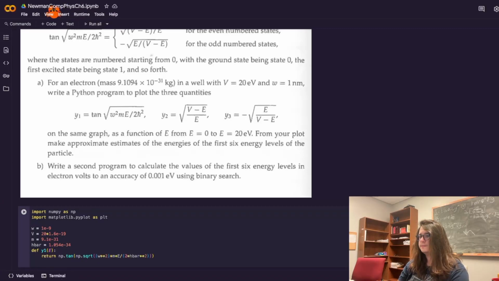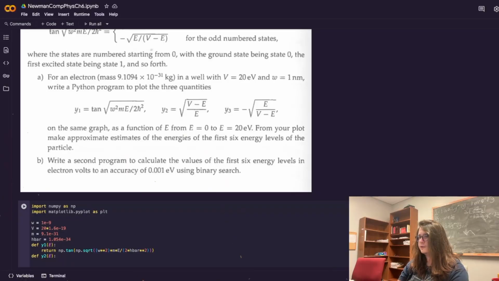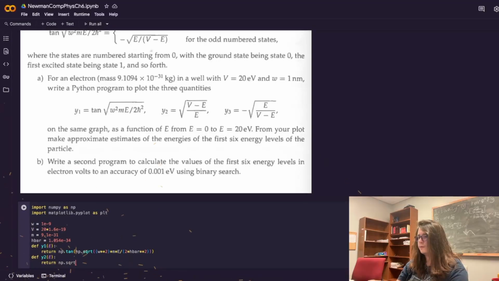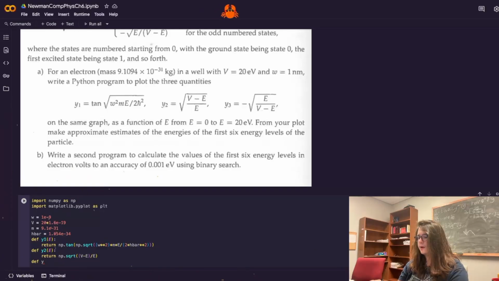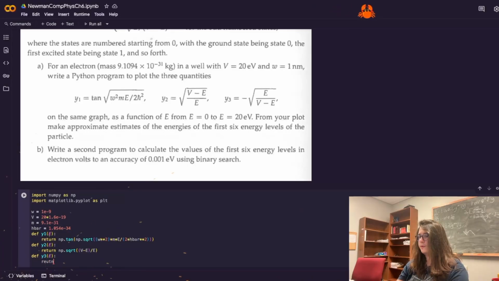Then define y2 of E, which is going to return the square root of, in parentheses, V minus E over E, and then also y3 of E, which is going to return minus the square root of E over, in parentheses, V minus E.